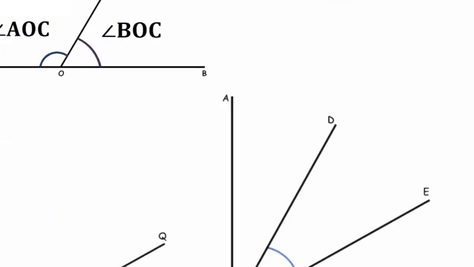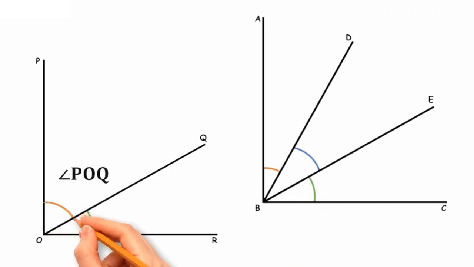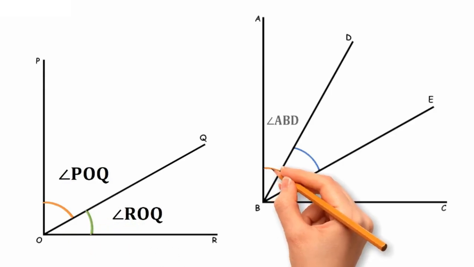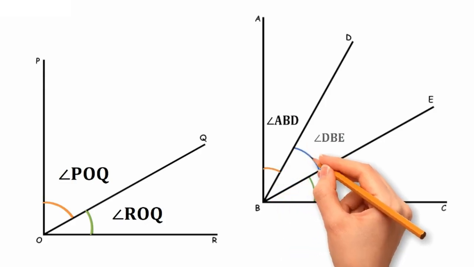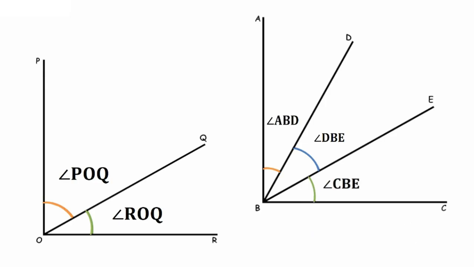Let's have some more examples. In this figure, angle POQ and angle ROQ are adjacent angles. Same as angle ABD, angle DBE, and angle CBE are adjacent angles.